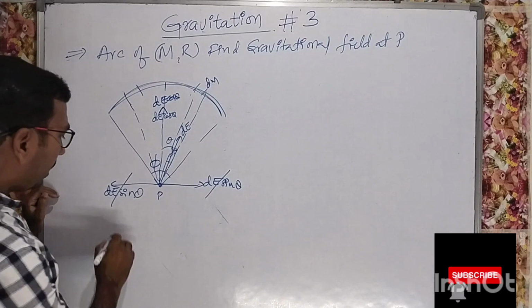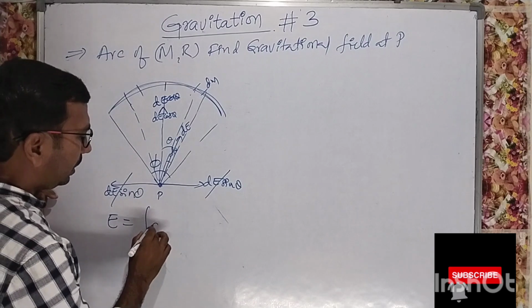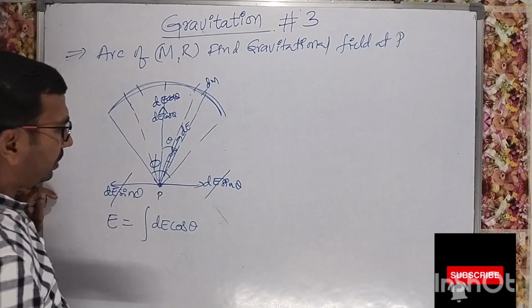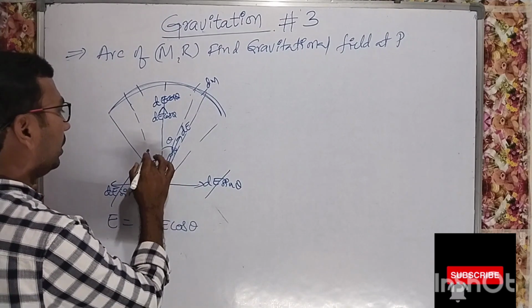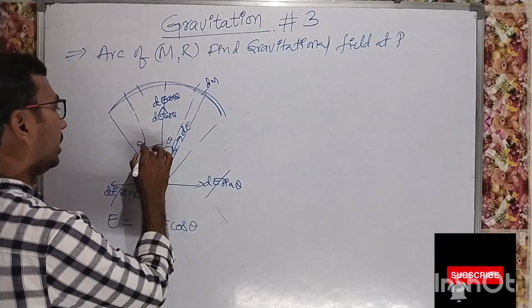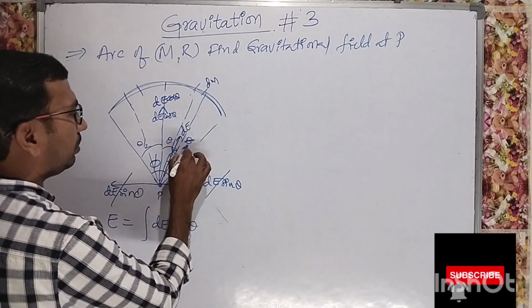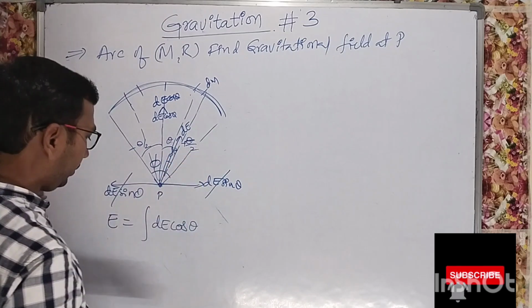Okay. So what is net gravitational field? E is equal to integration dE cos theta. From angle where to where? So this is total pi, this side angle is pi by 2 and this side angle is pi by 2. So this is minus pi by 2, this is plus pi by 2.